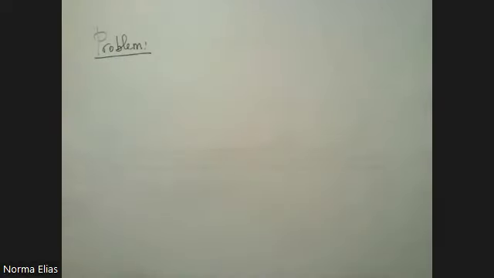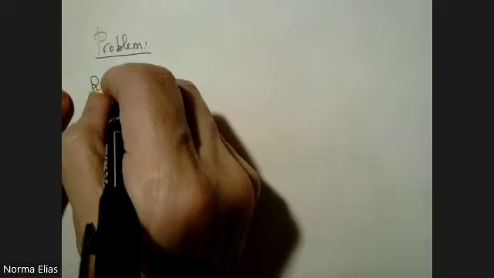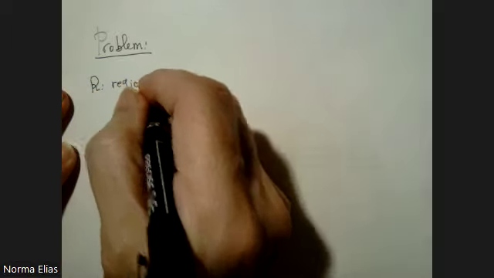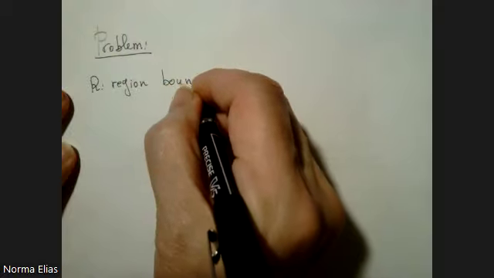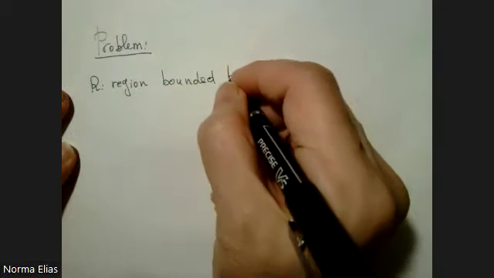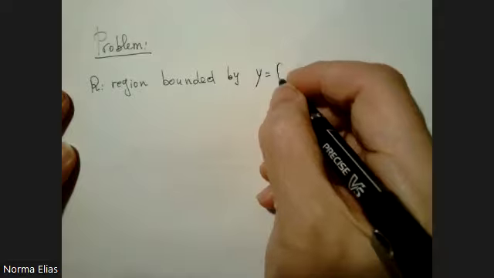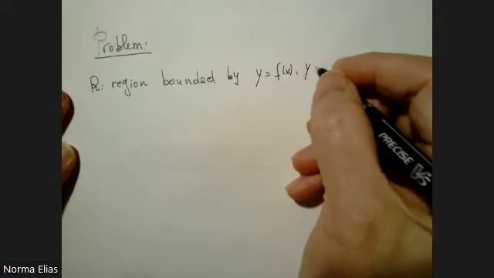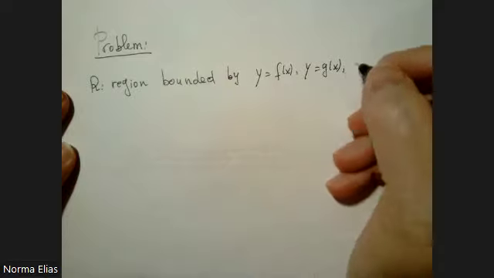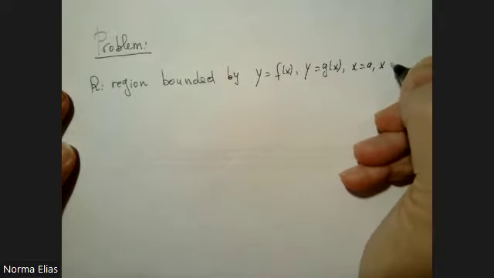So this is the problem. The problem is the following. We have R, a region bounded by two curves, y equal f of x, y equal g of x, x equal a, x equal b.